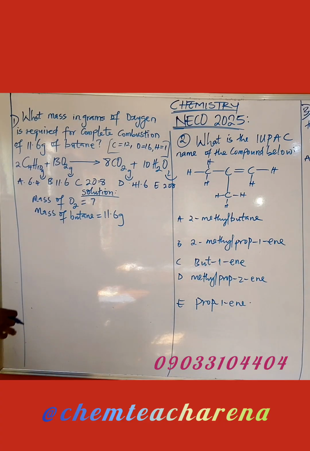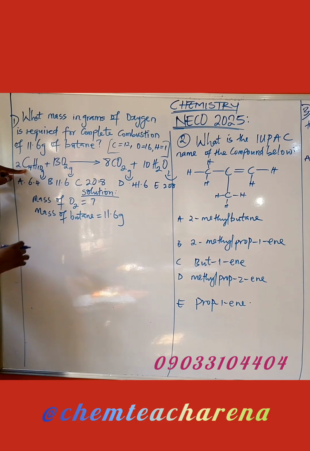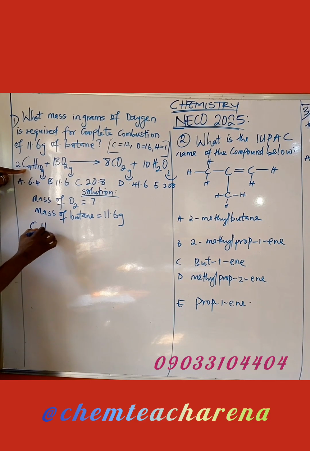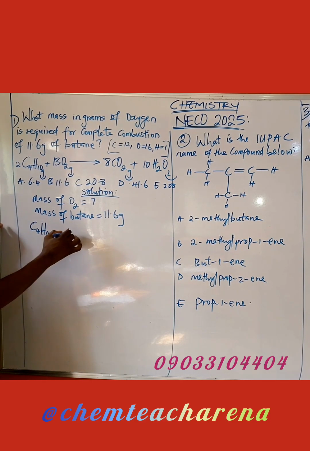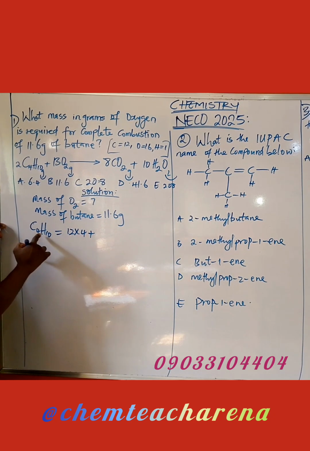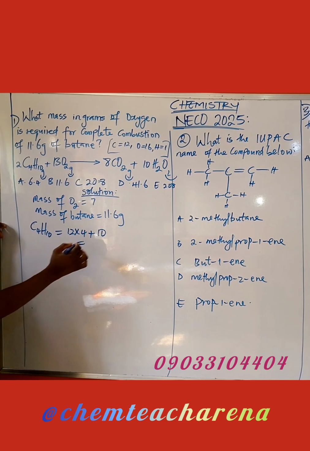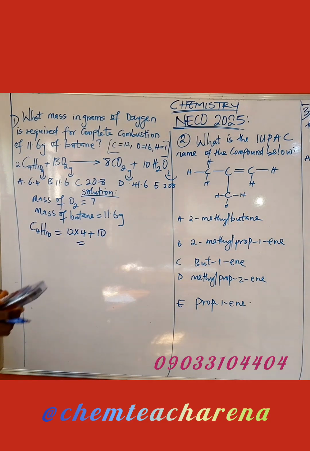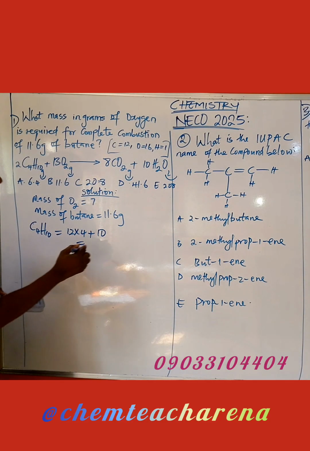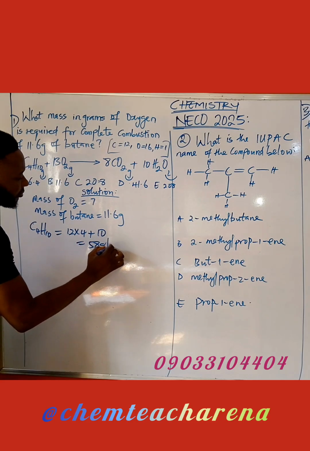First thing first, we need to calculate the molar mass of butane. C4H10: C is 12, H is 1. So 12 times 4 plus 10 times 1, we have 58 gram per mole.